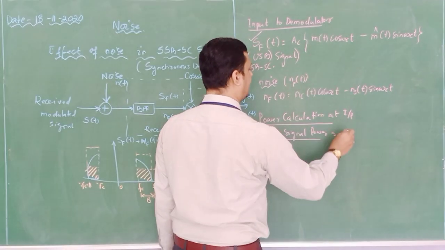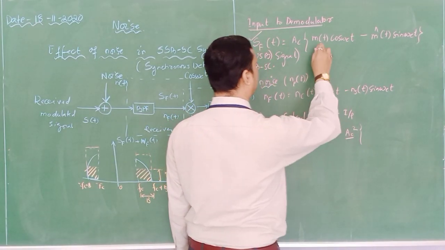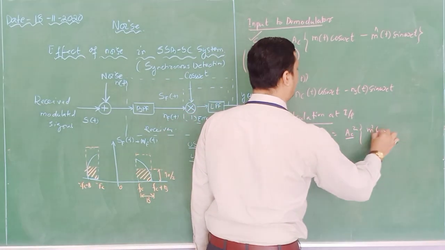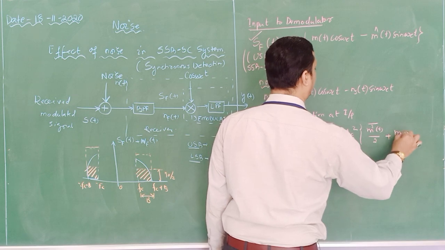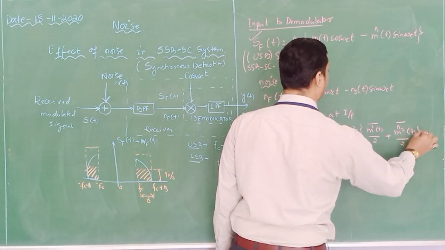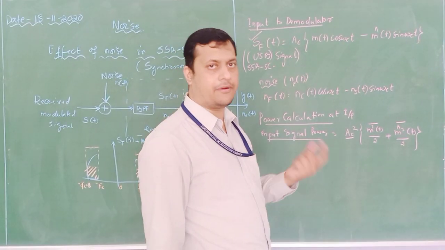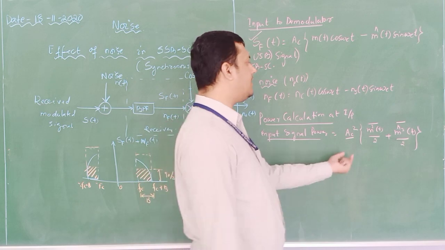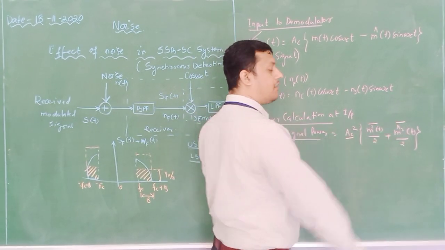You can see it is AC square whole into m square of t whole bar divided by 2 plus m cap square of t whole bar divided by 2. Since these magnitudes are equal, phase is different but magnitude is same, m square of t and m cap square of t are both same.